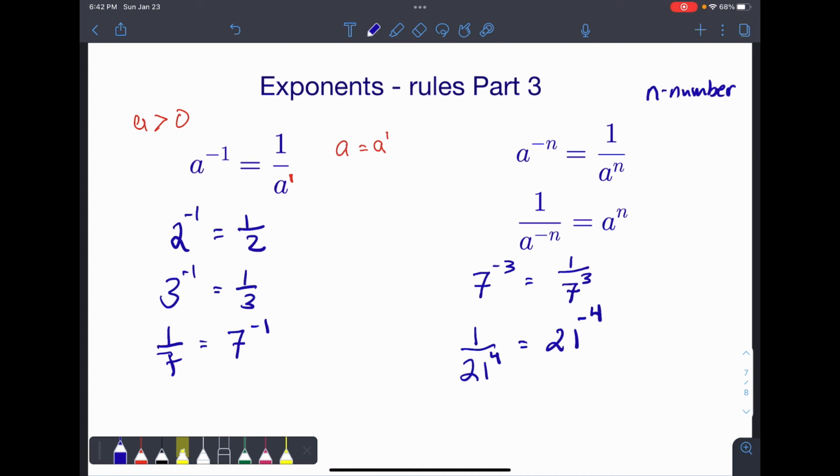Okay? So both of these deal with negative exponents, and the exponent can become positive just by writing it as a fraction and bringing the a to the -1 or a to the -n into the denominator.